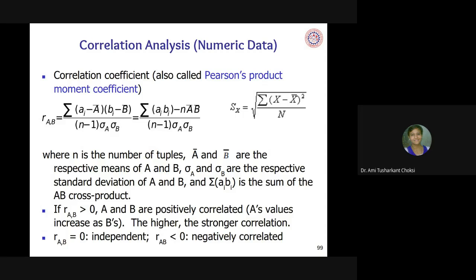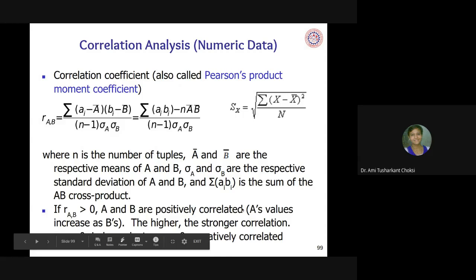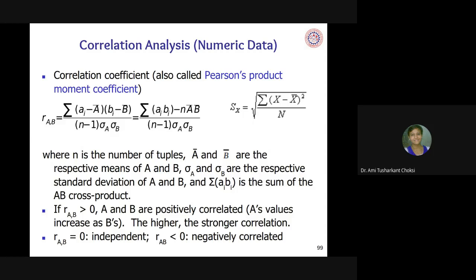Were we able to say these things from the chi square test? From the chi square test, we were only able to see whether the two variables have a relation or not. That is whether they are independent or not, that only we can say. But with Pearson's correlation coefficient, we can say whether the two variables are positively correlated, negatively correlated, or they do not have any relation, right?